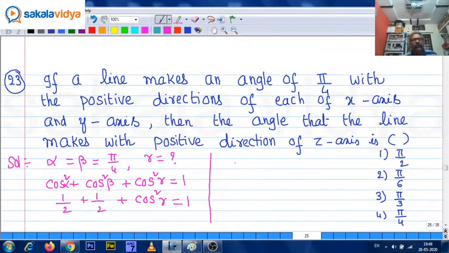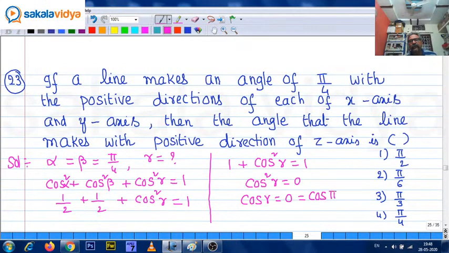So 1 plus cos square gamma equals to 1. Now we need to solve this equation. Cos square gamma is equal to 1 minus 1, 0. Cos gamma is 0. 0 means cos pi by 2. So gamma is equal to pi by 2, 90 degrees. So first option. Right, Ashwardi. Correct.